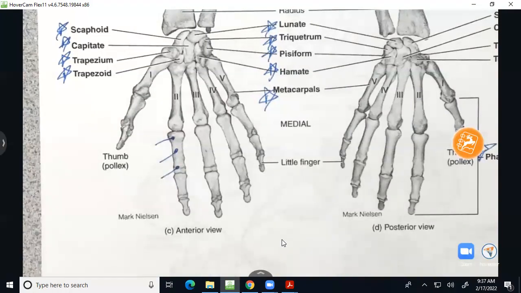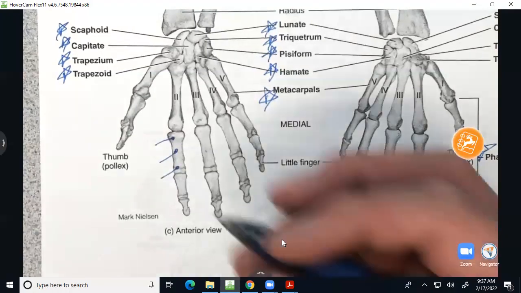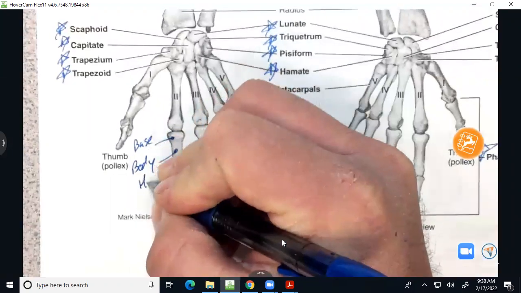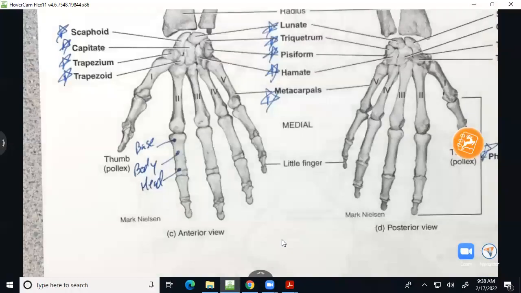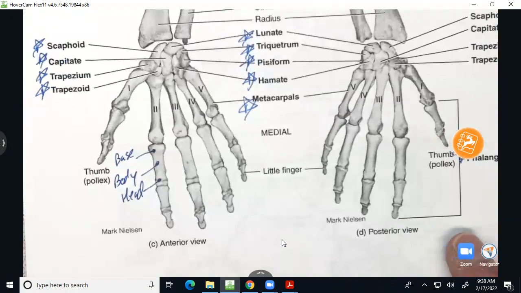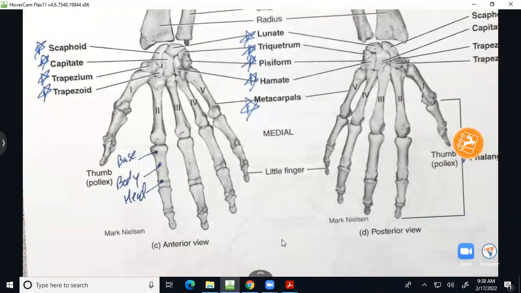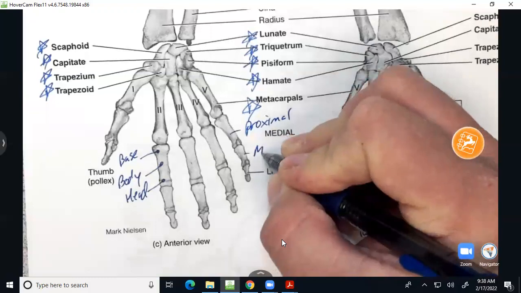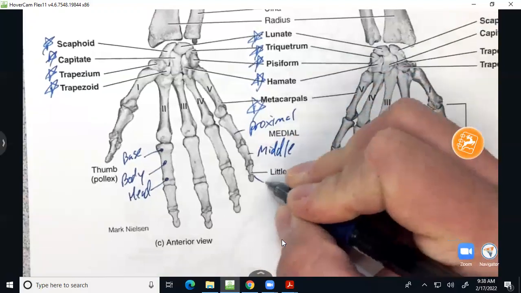Okay, each of our hand and finger bones has what we call a base, a body, and a head. The base is the proximal epiphysis, the head is the distal epiphysis, the body is the diaphysis between them. Now we also categorize your phalanges into what we call proximal, middle, and distal.